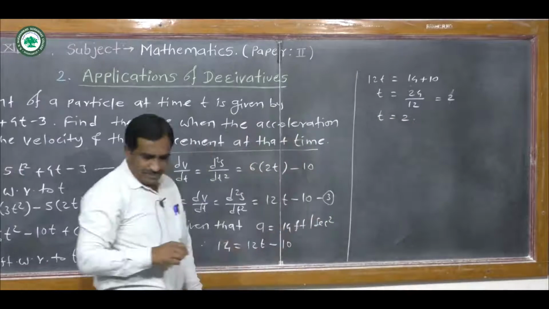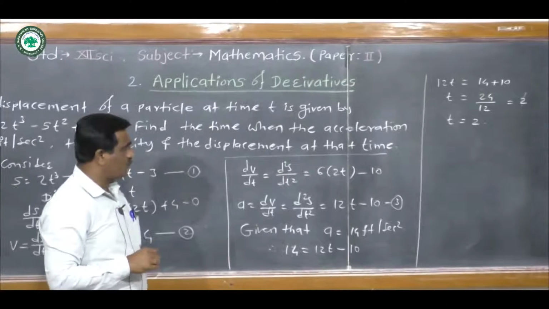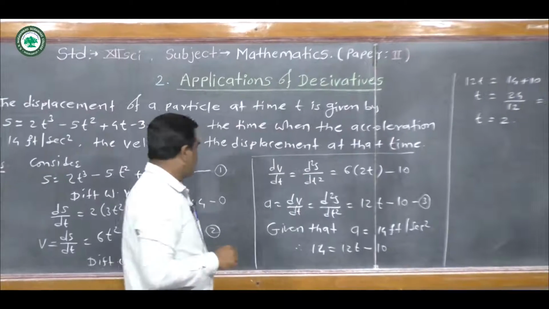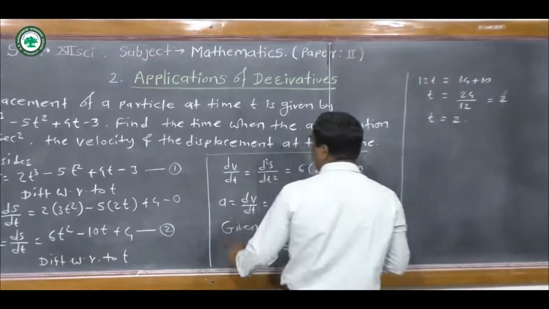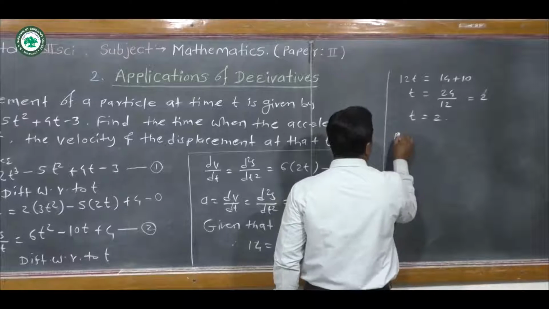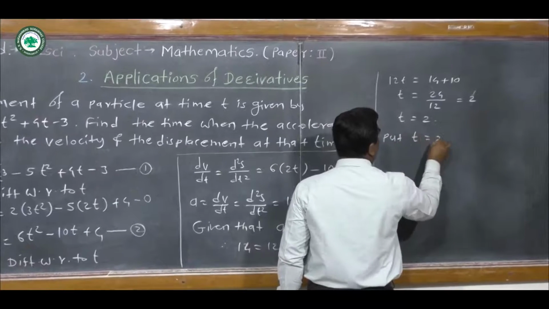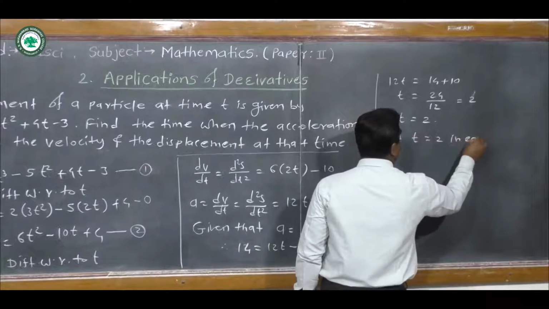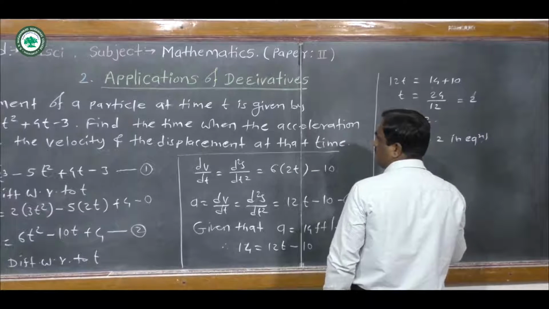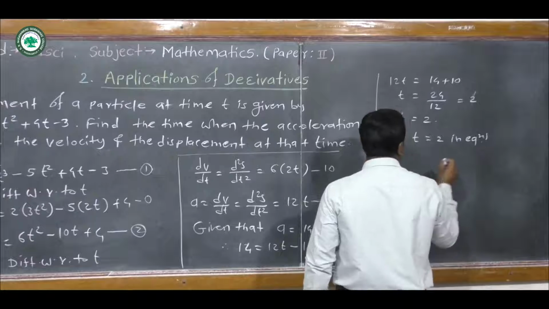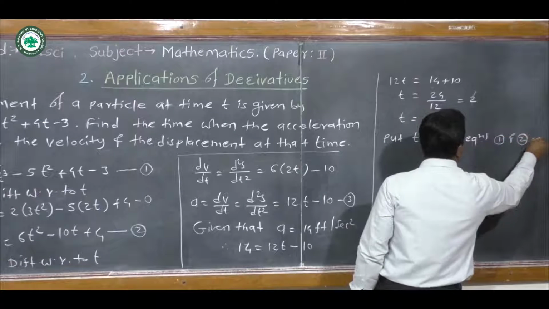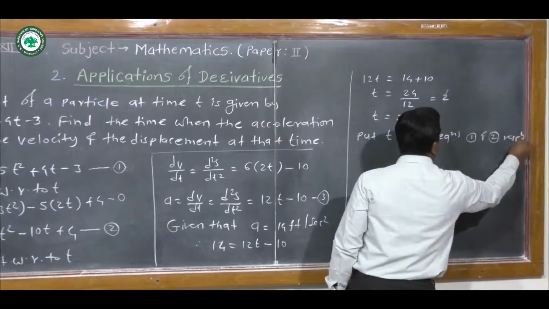Now we get time t is equal to 2 seconds. Now put this value of t. We have to find velocity and displacement. Put t is equal to 2 in equation first and second, respectively.